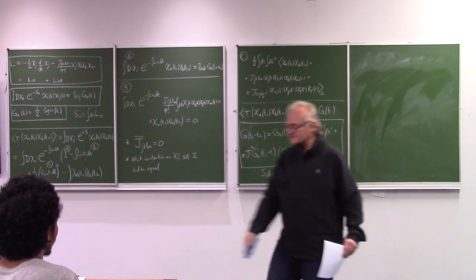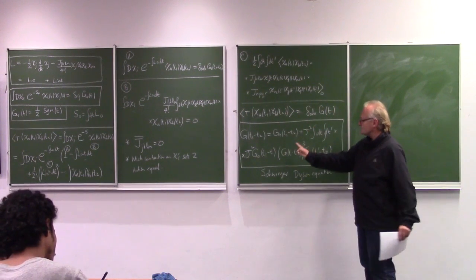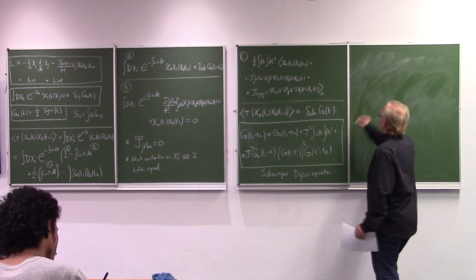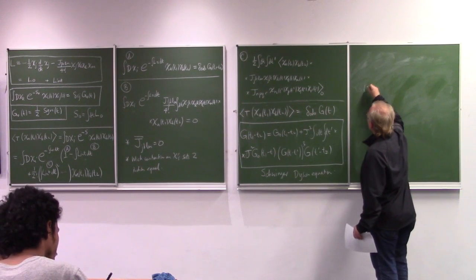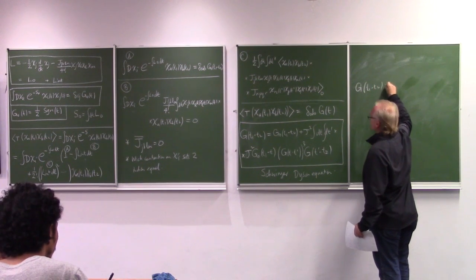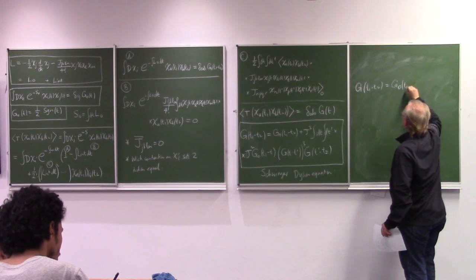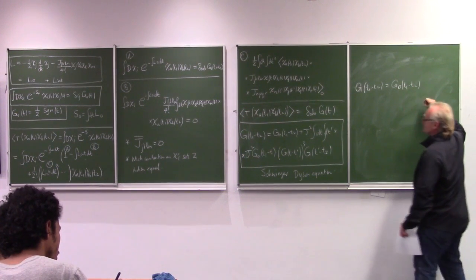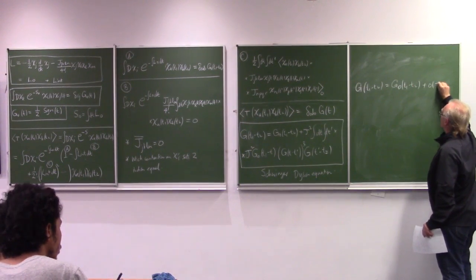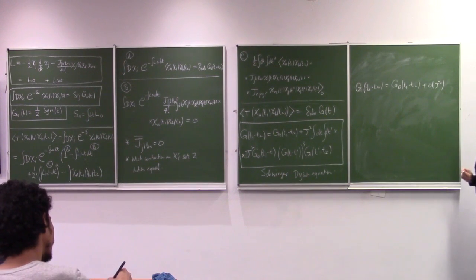So what I could do is take this equation, and what it tells me is that G of t1 minus t2 is equal to G naught of t1 minus t2 plus order j squared. So this is correct to order j squared.